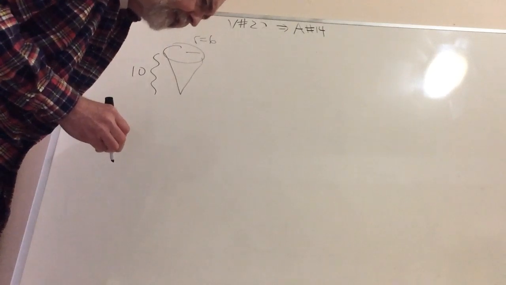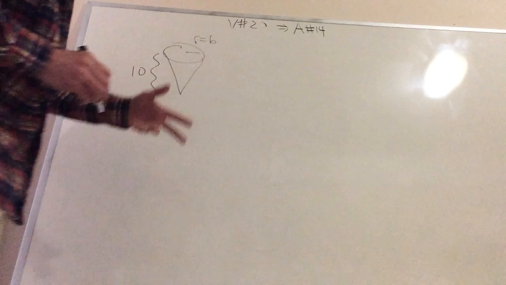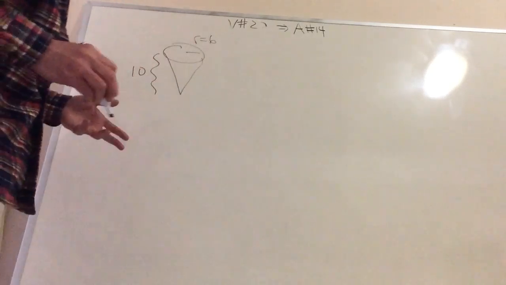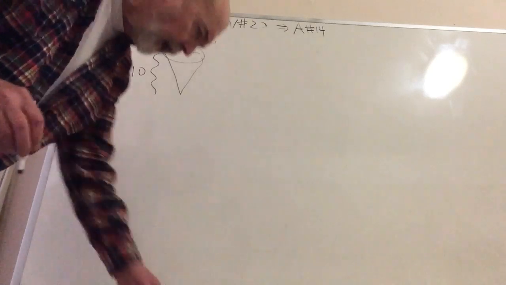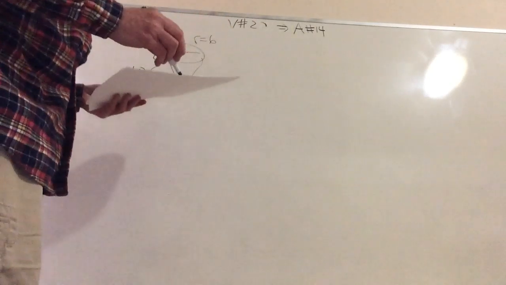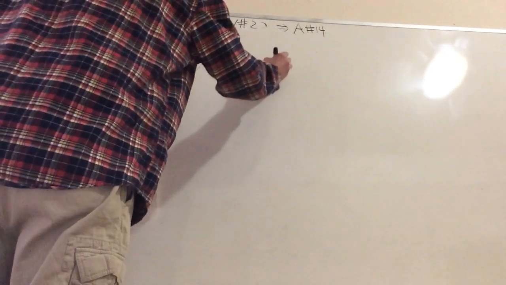And if the radius is doubled and the height decreased by 4 units, find the ratio between the new and the original. So here we go again, same kind of problem. I get the original here, and it turns out that this is going to be the original. We'll just write that like that.